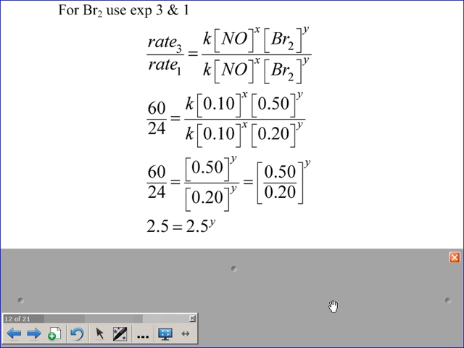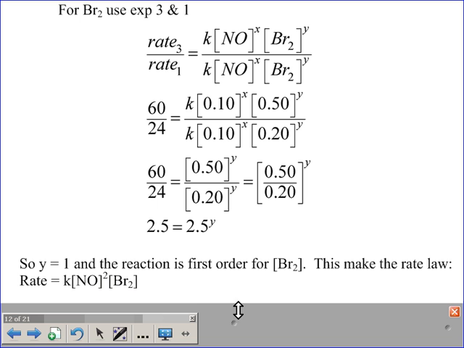And we end up with 2.5 equals 2.5 to the y power. So even though this might have started out looking like there was something tricky to do with the numbers, the fact remains that y has to equal 1, and the reaction is first order for bromine. So my rate law is rate equals K times the concentration of NO squared times the concentration of Br2, bromine.